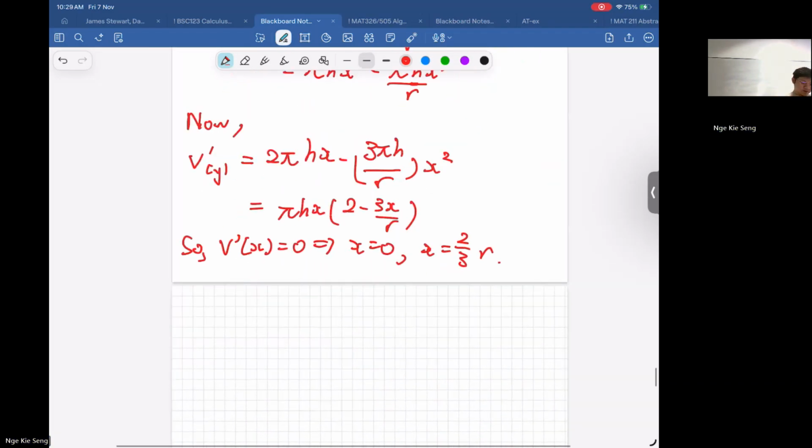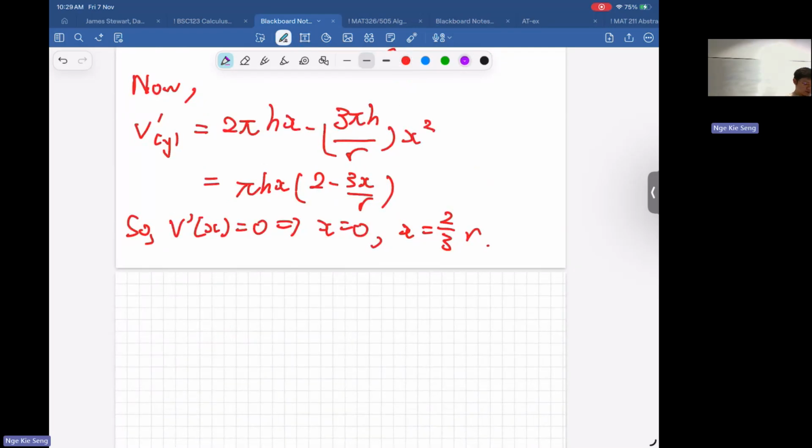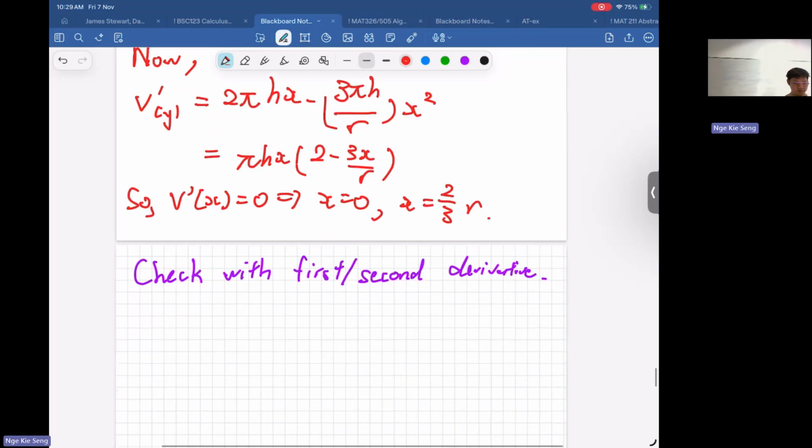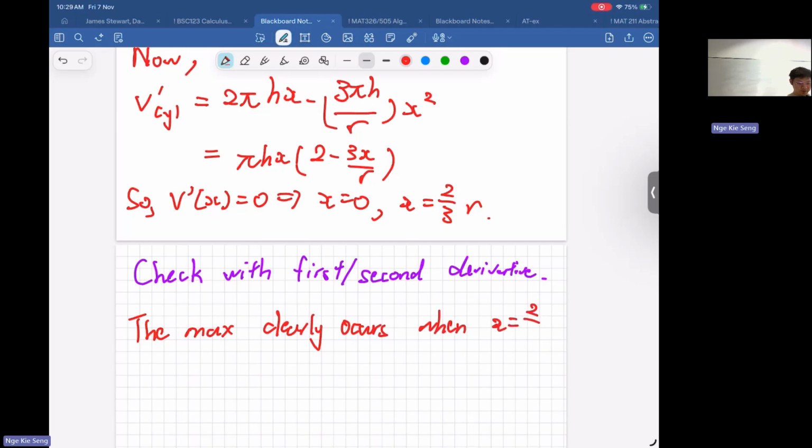Okay, so you can check with first derivative test or second derivative test. So we say that the maximum clearly occurs when x is equal to 2/3 of r.